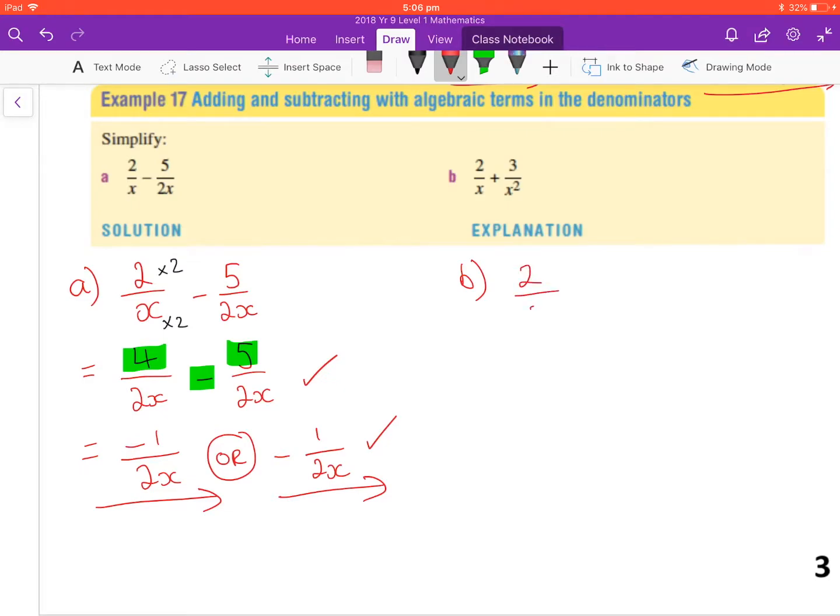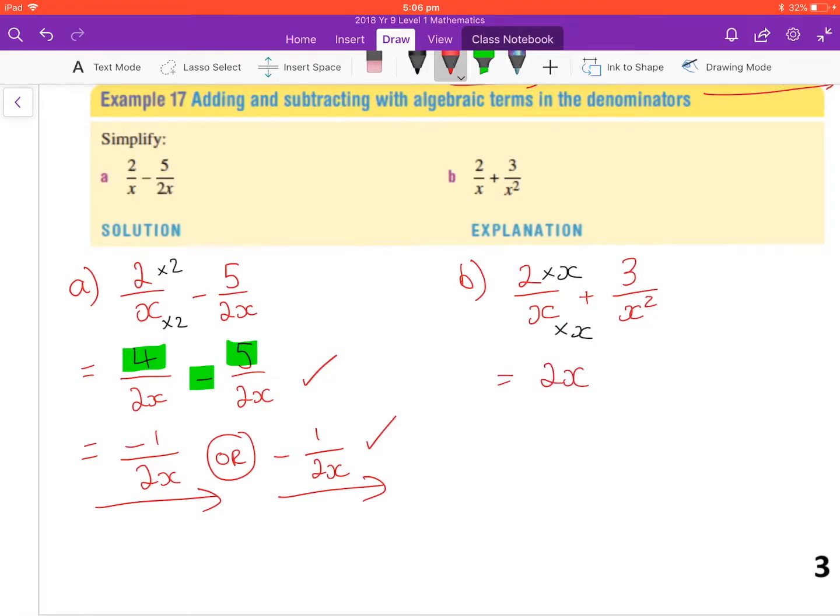Great, let's look at B. We've got 2 over x plus 3 over x squared. Same question: how am I going to get the x to be x squared? Well, x times x gets you x squared. Then what you do to the bottom, you do to the top.